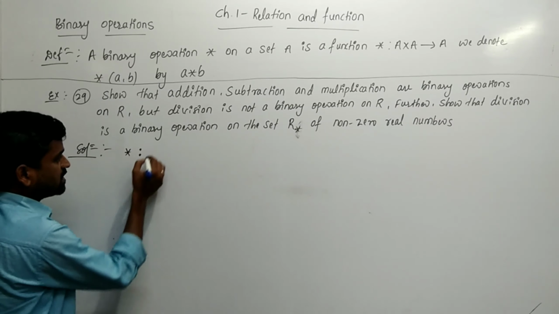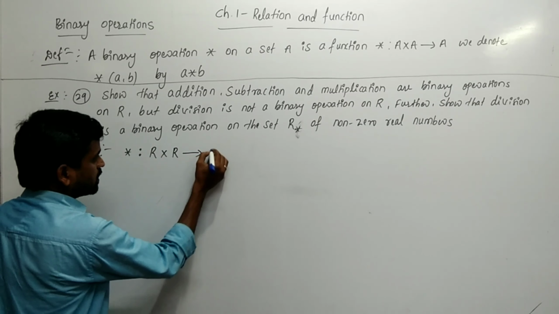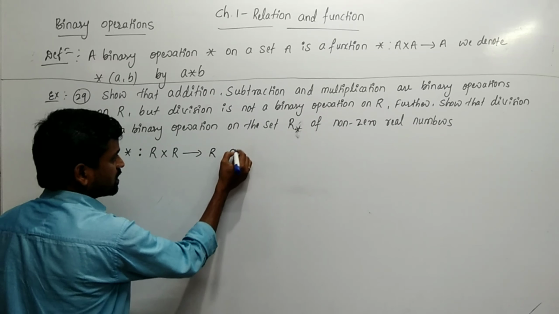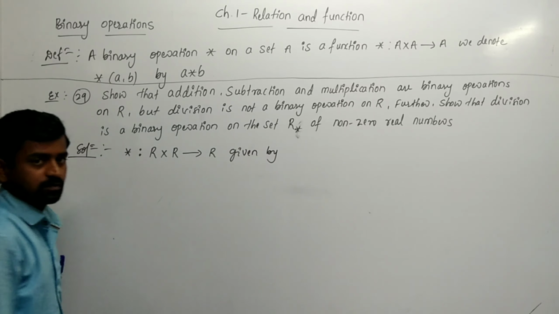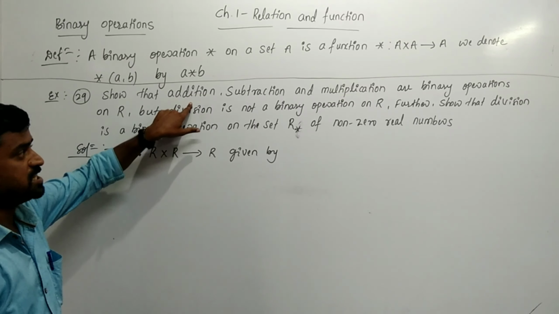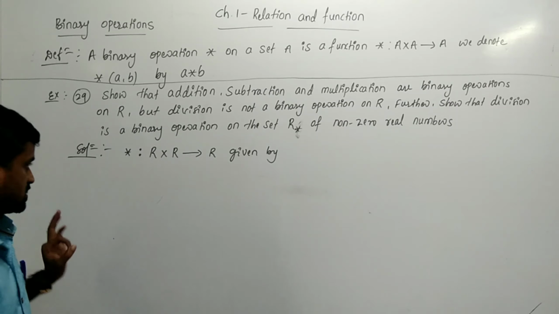Star such that real number cross real number to real number is given by... Show that addition, subtraction and multiplication are binary operations.